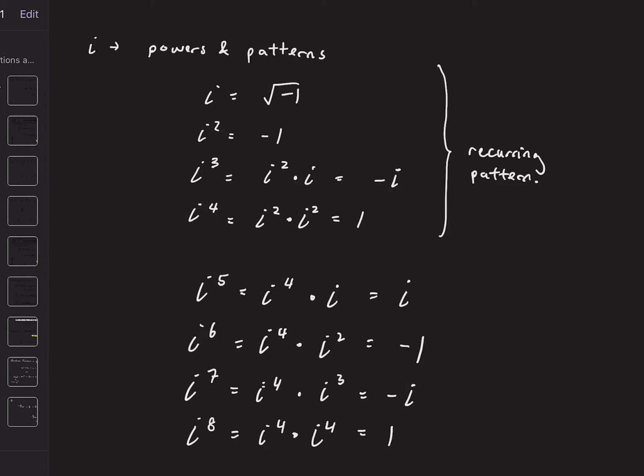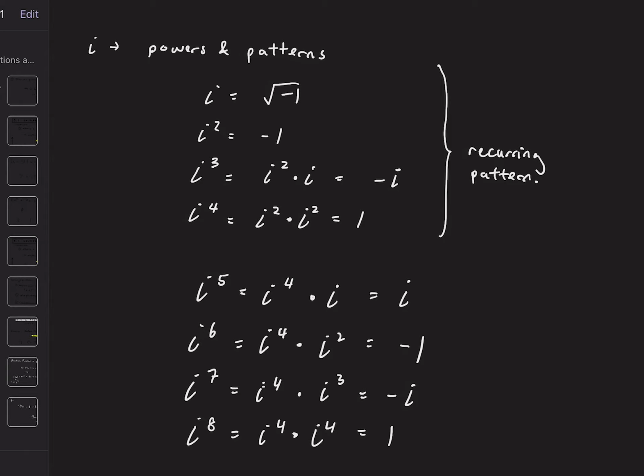So i by itself is just the square root of -1. We established that. i squared is the square root of -1 times the square root of -1. You can see that the square root kind of cancels out to give -1. As with i to the power of 3, you break it down into i to the power of 2 times i.